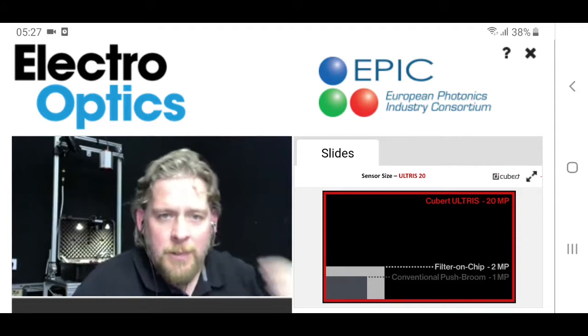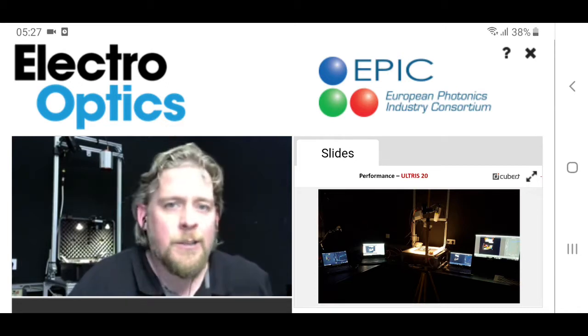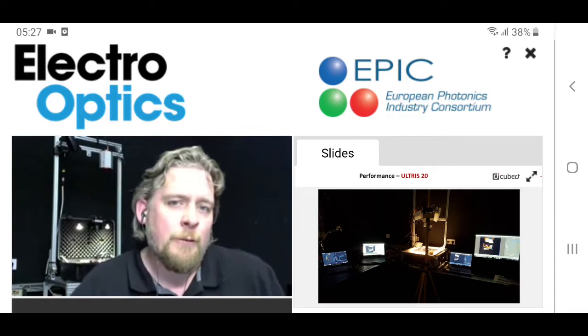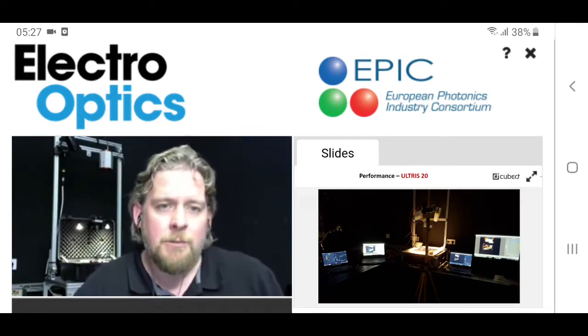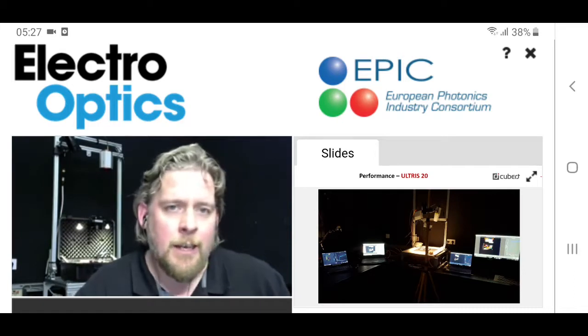And to do that, we did a small test setup. We compare three techniques which are on the market at the moment: a Firefly, a Butterfly, and an ULTRIS camera, side by side on the same setup.